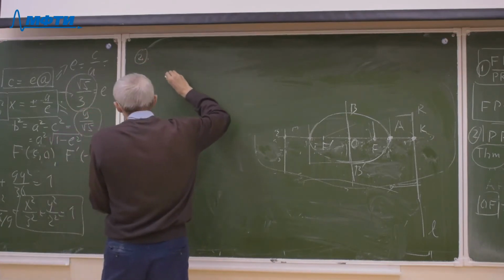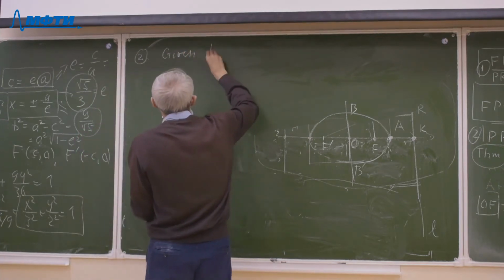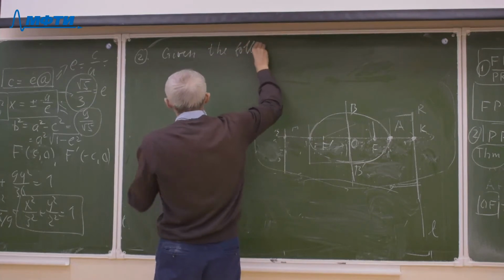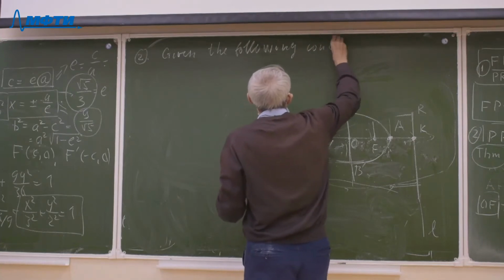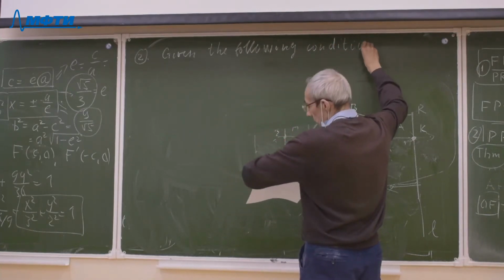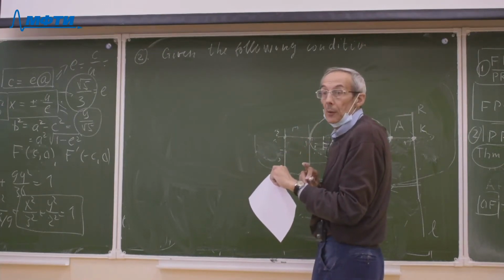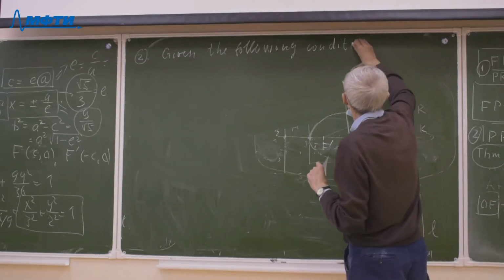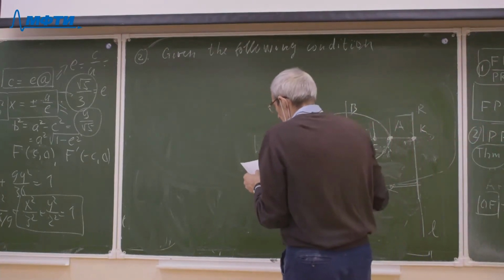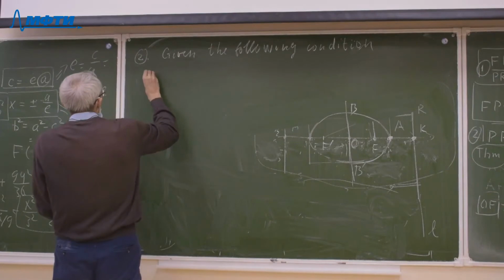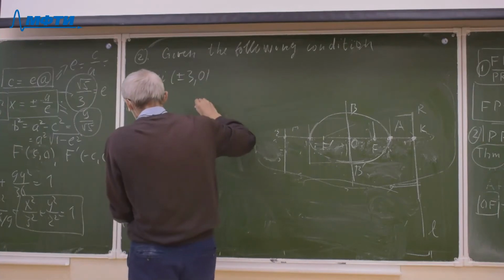Problem 2. Given the following conditions: foci plus or minus 3, 0.